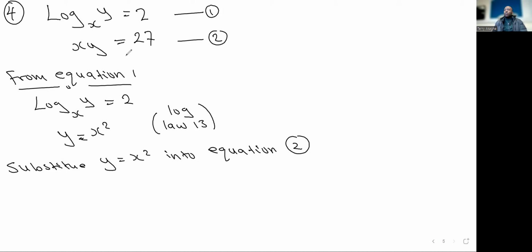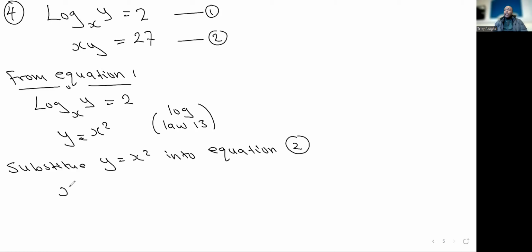Remember, we're solving this simultaneous equation using the substitution method. So please make sure you go back and review how to solve simultaneous equations using substitution. Go to the playlist and search for simultaneous equation. We solved something like this before. So I'm applying the substitution method, substituting y equals x squared into equation 2.